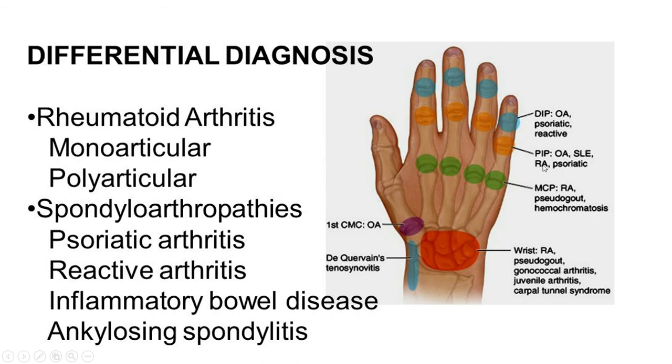Proximal may happen, but the distal joint is not affected in this rheumatoid group. Generally rheumatoid arthritis is monoarticular or polyarticular, but spondyloarthropathy, psoriatic arthropathy, reactive arthropathy, inflammatory bowel disease, and ankylosing spondylitis are probably the most common diagnoses of all joint pain.